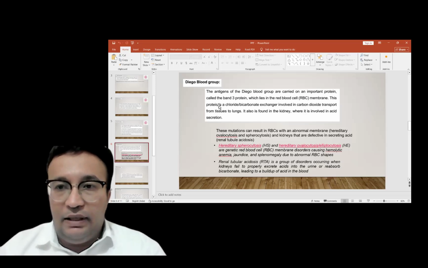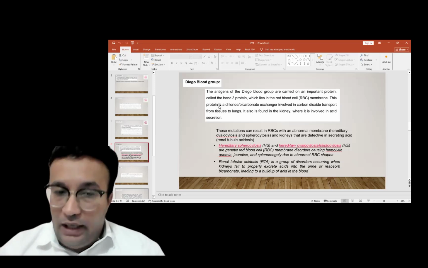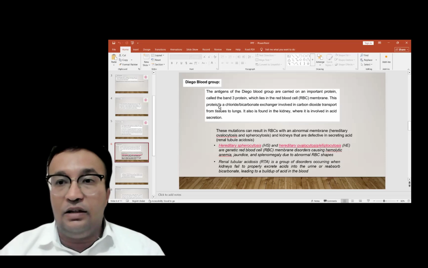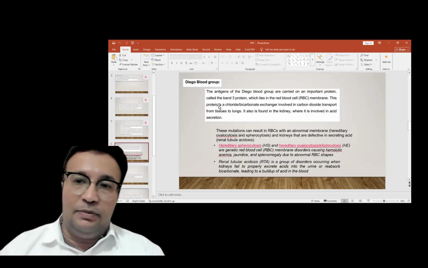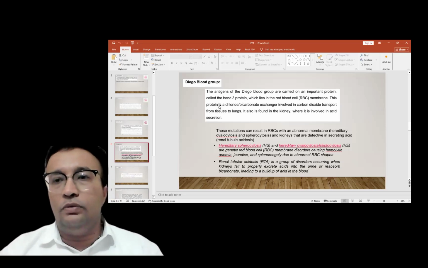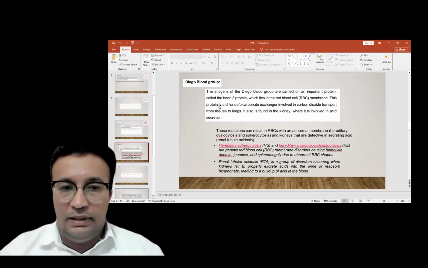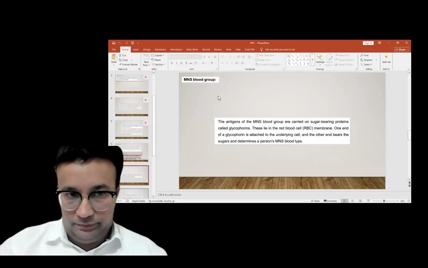This is associated with abnormal RBC membrane, and this is sufficient to cause hemolytic anemia, jaundice, and splenomegaly. Splenomegaly is enlargement of the spleen. Okay, due to abnormal RBC shapes, because some sort of autoimmune reaction or response is also induced due to abnormal RBC shape. Okay, so this is Diego blood group.